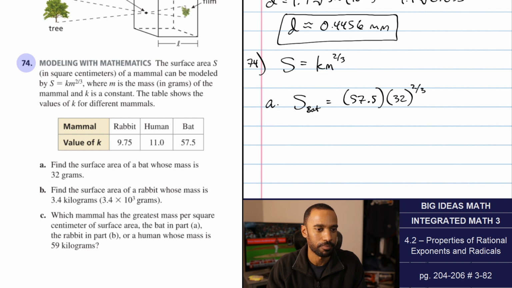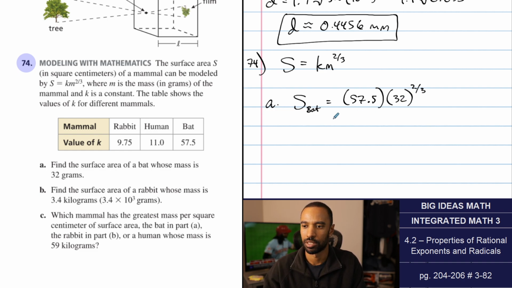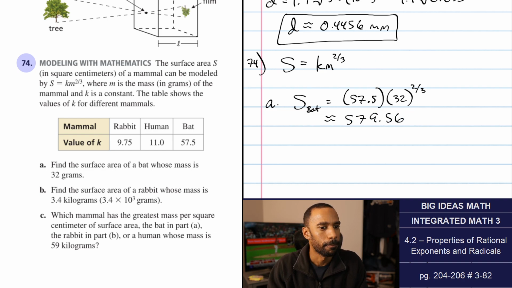Plug and chug, right? 57.5 times 32 to the 2/3 power. Make sure you put 2/3 in parentheses. I know you can't see all this I'm typing out. I'm getting 579.56 square centimeters.